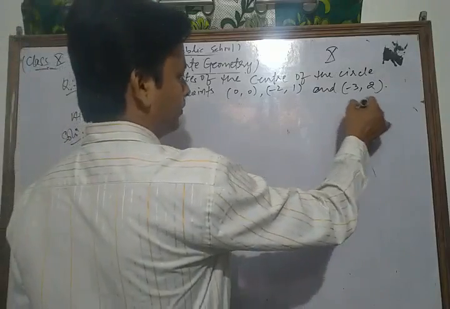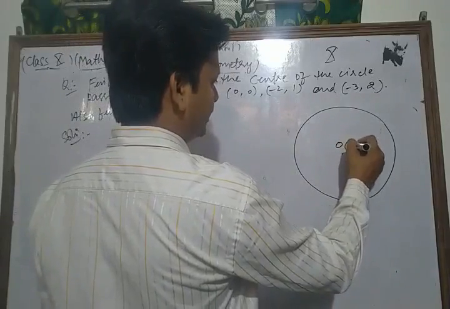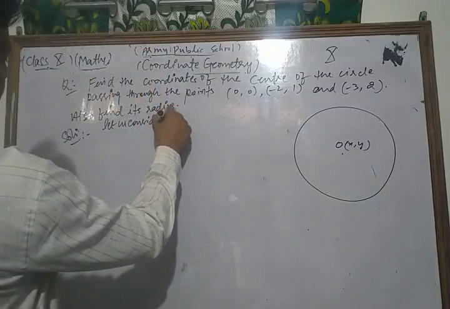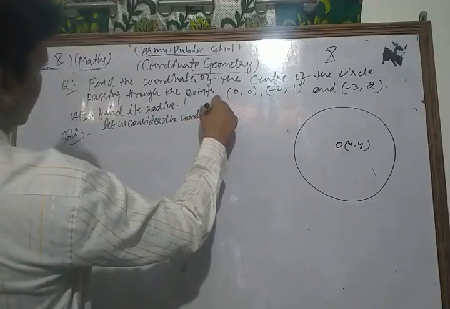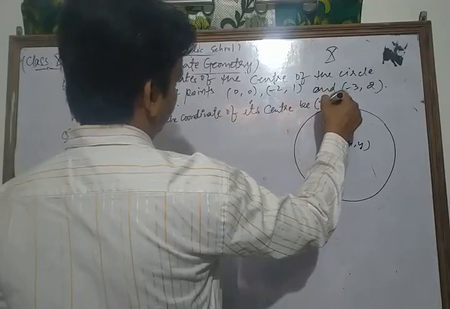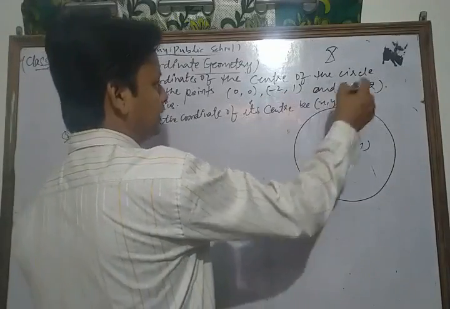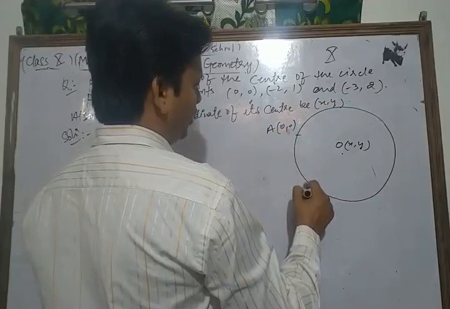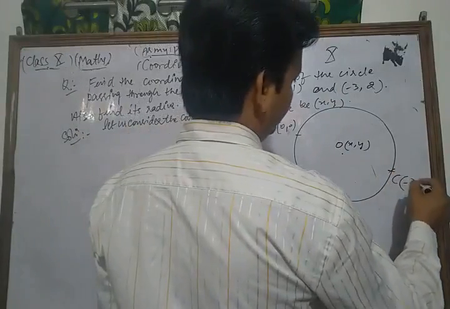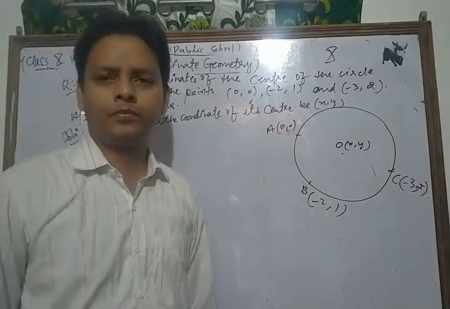First of all, we draw a circle with center O, and let us consider the coordinates of its center to be (x, y). The circle passes through the points, so we take point A as (0, 0), point B as (-2, 1), and third point C as (-3, 2), because the circle is passing through the points A, B and C.